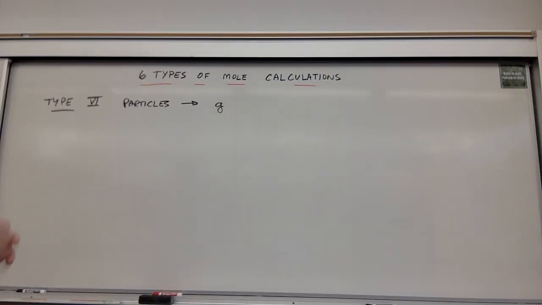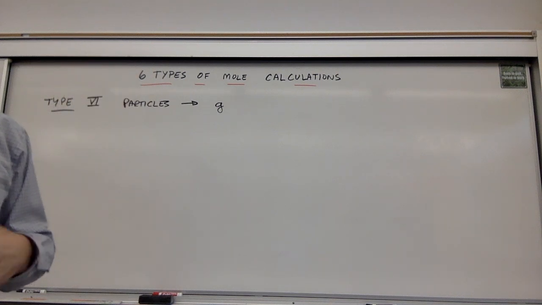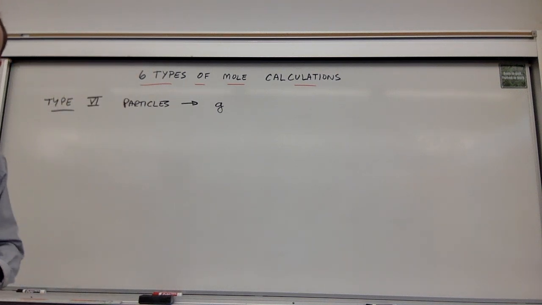Type 6 of mole calculations is particles to grams. And once again, we're not going to go directly particles to grams, we're going to go particles to moles, moles to grams. Again, we're only using 2 techniques. Avogadro's number to moles, moles back to mass using the periodic table.